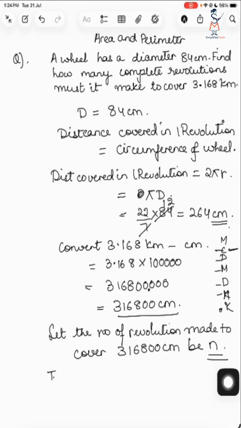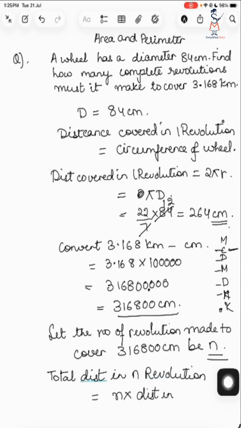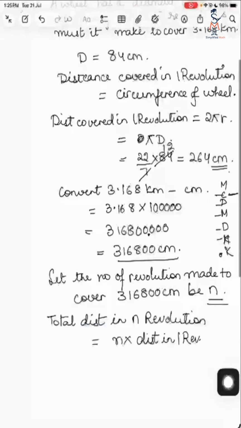So the total distance in n revolutions will be how much? n into the distance in one revolution. So this is n into 264, the total distance in n revolutions.